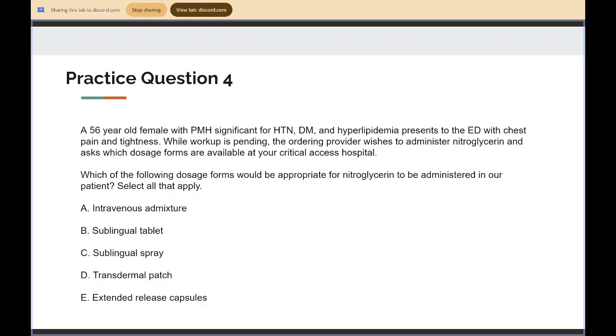It's another good area 2 question, identifying drug characteristics.